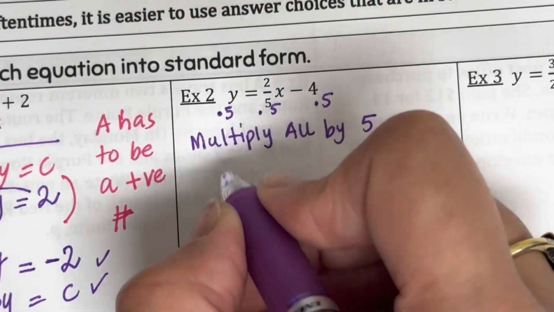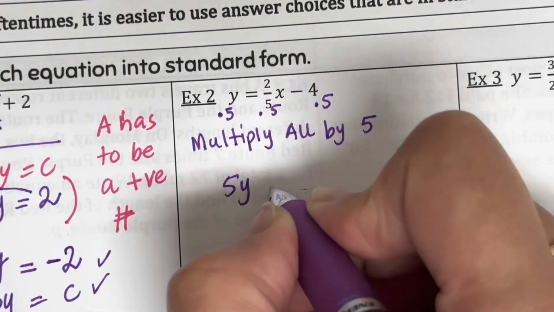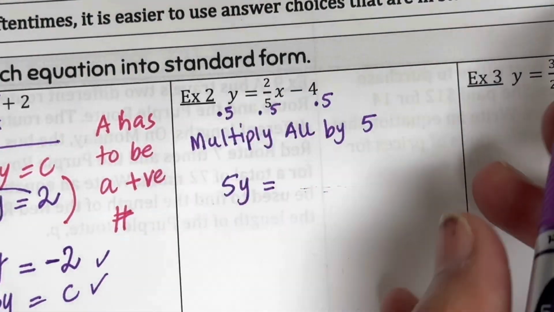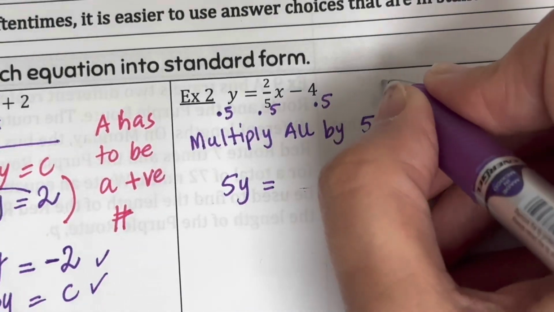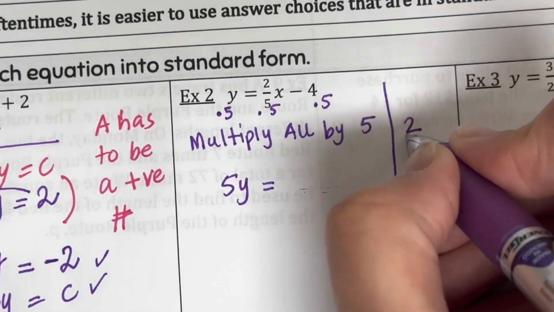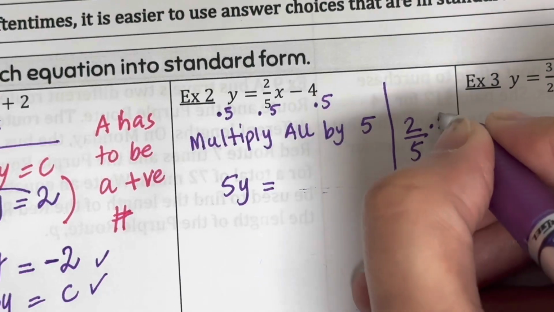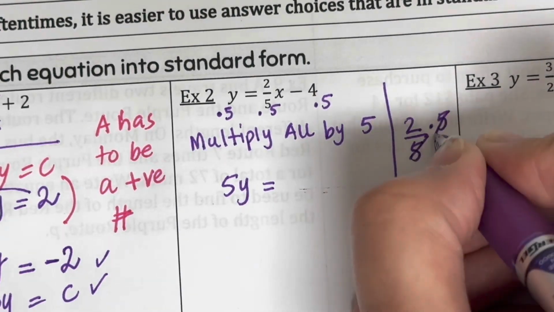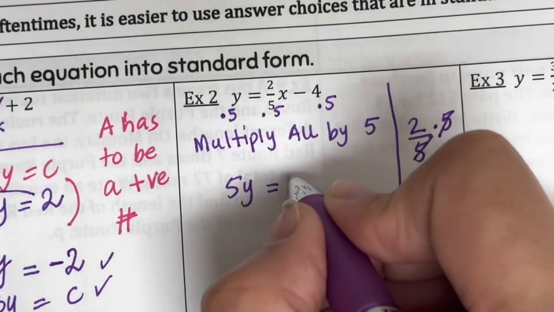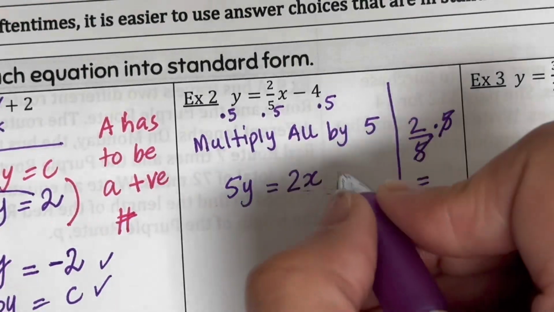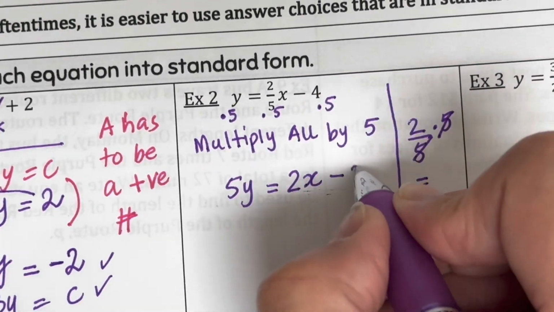So 5 multiplied by y is 5y, equal sign. 2/5 multiplied by 5 is basically 2 whole. So it is 2x, minus 4 times 5 is 20.